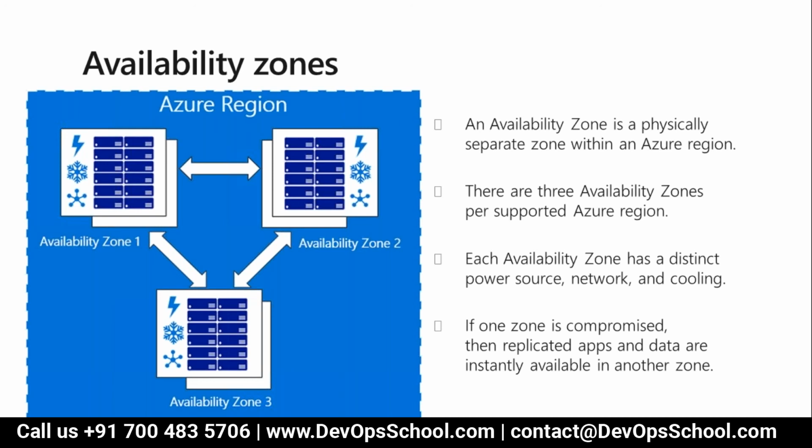If you are going to select East US, how many availability zones will be available? Minimum 3. So you should remember this thing. These kinds of questions they will ask you. Each availability zone has a distinct power source, network, and cooling. Why? Because, I'm just giving you a simple example. Suppose I have set up an Azure region in South India.